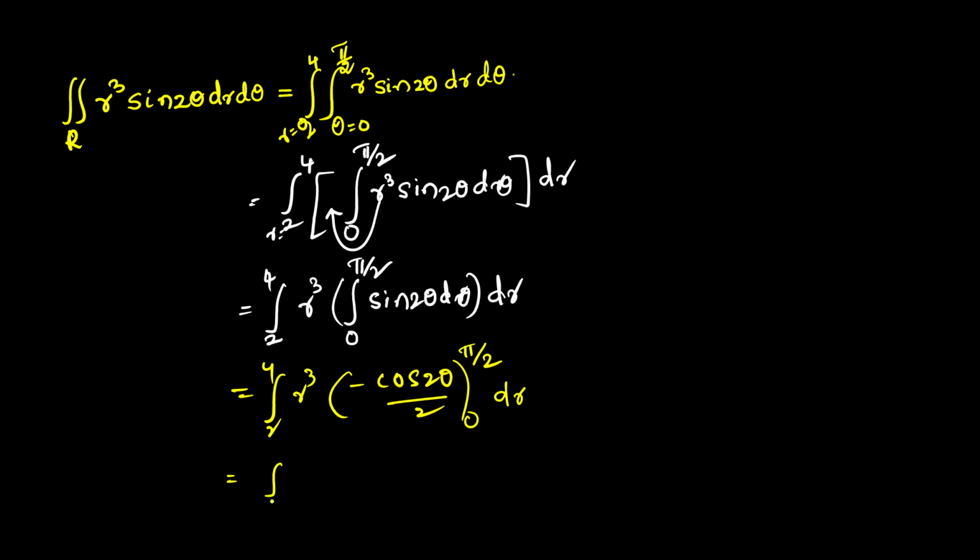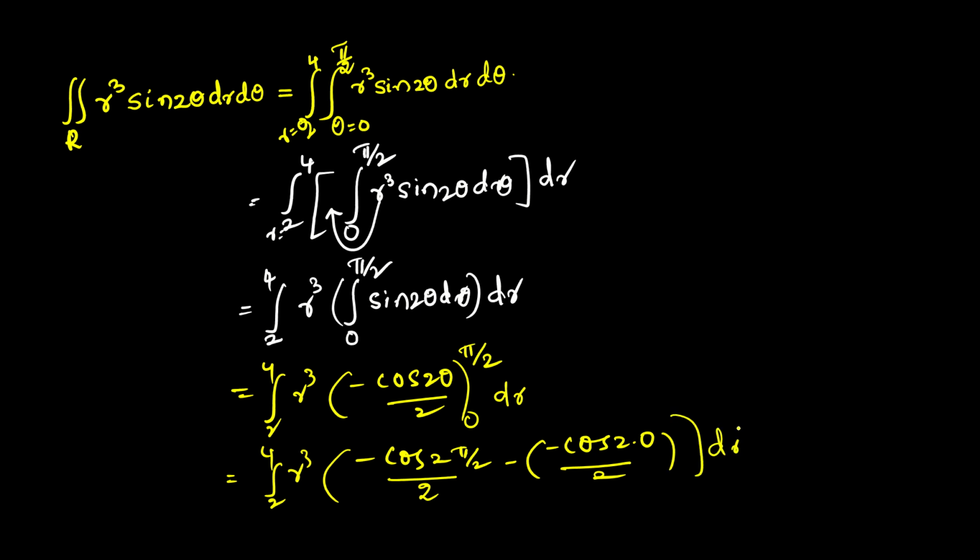Now integral 2 to 4, r cube, apply the upper limit: minus cos of 2 into pi by 2, all by 2, minus the lower limit: minus cos 2 into 0 divided by 2, all of dr. For better understanding I am writing here itself: integral 2 to 4, r cube, the 2s get cancelled.